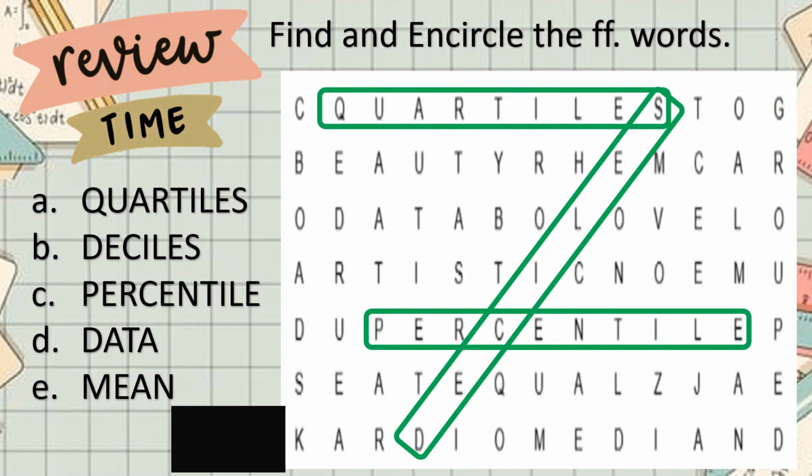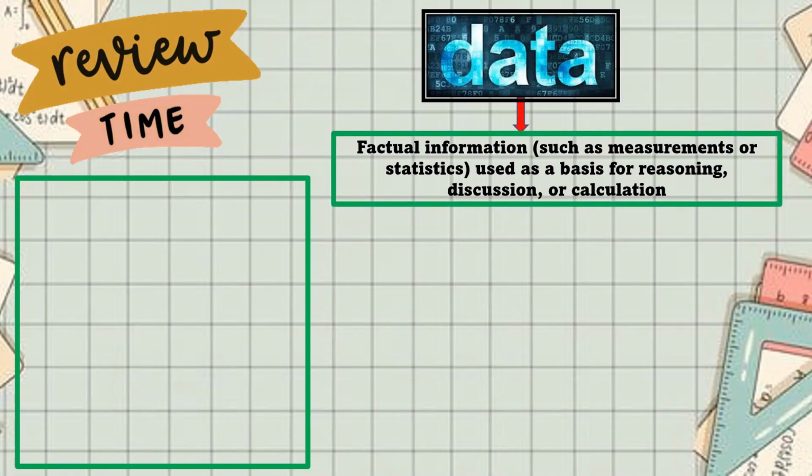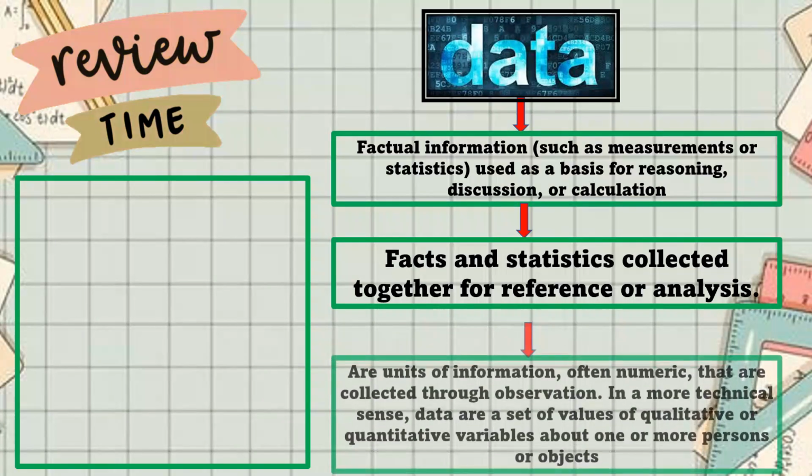Next, let's find the word data. I will give you again 10 seconds to find it. The word data is here. Data is factual information such as measurement or statistics used as a basis for reasoning, discussion, or calculation. These are facts and statistics collected together for reference or analysis.